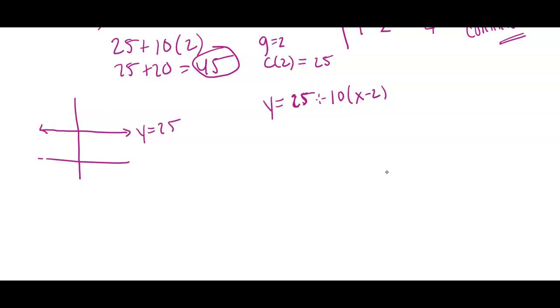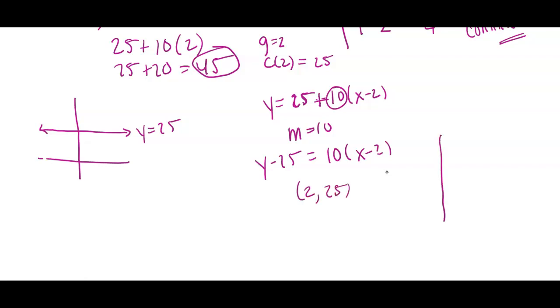Well, this is a line with a slope of 10. And if I subtract that 2 over here, notice that's in point-slope form. So it has to go through the point (2, 25), and then I have a slope of up 10 over 1, up 10 over 1.